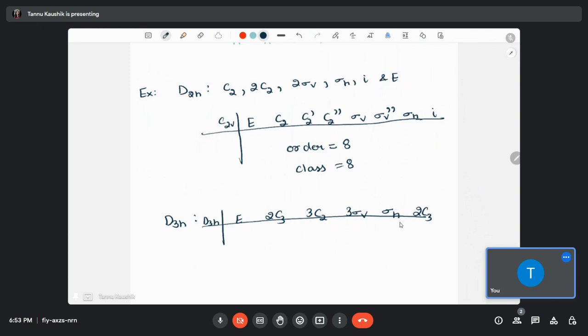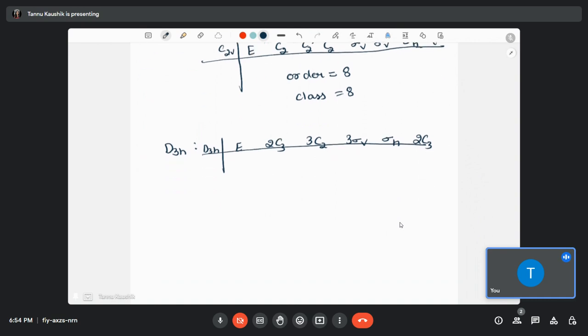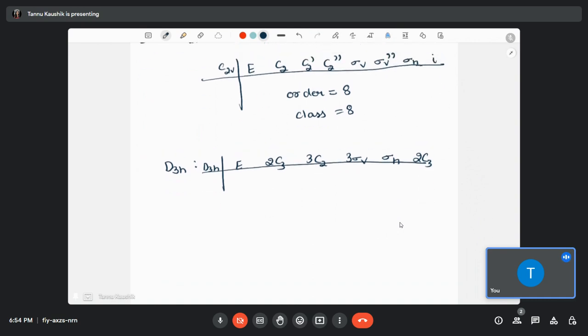You can practice making a group multiplication table by taking different molecules, finding different symmetry operations in them, and then linking it with the point group they are associated with. You can also check whether the molecule is polar or optically active or not, and whether the group is abelian or non-abelian.